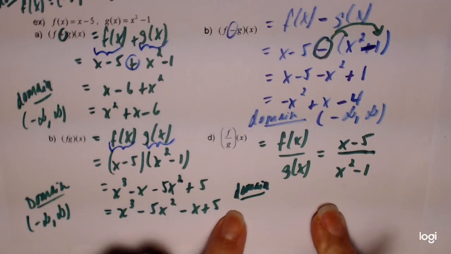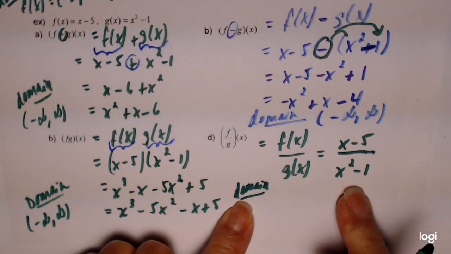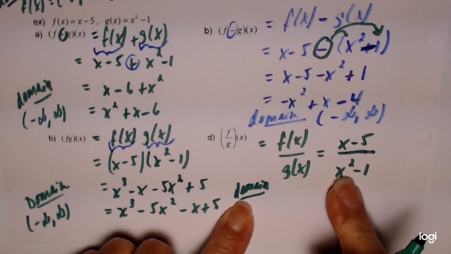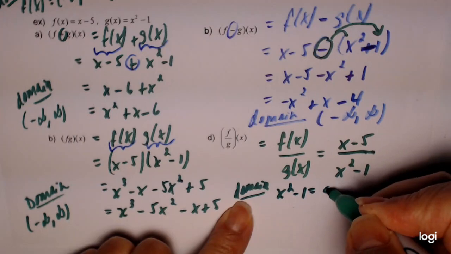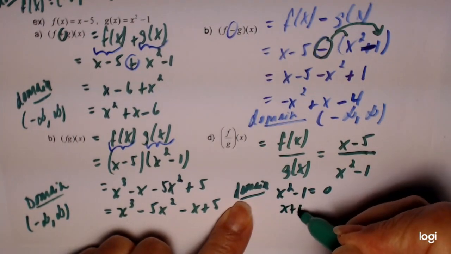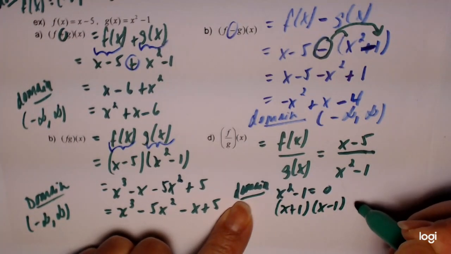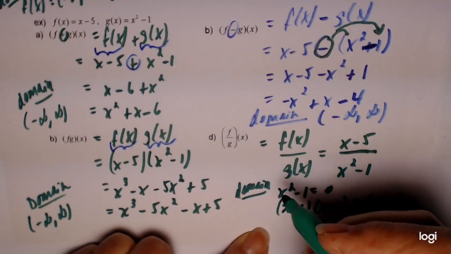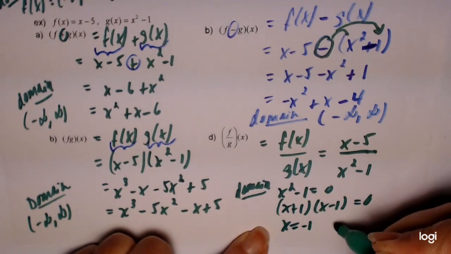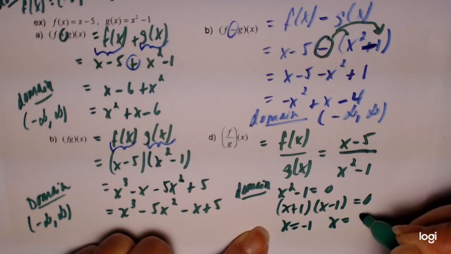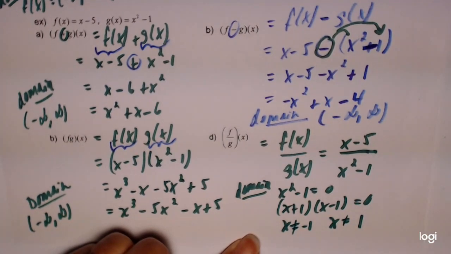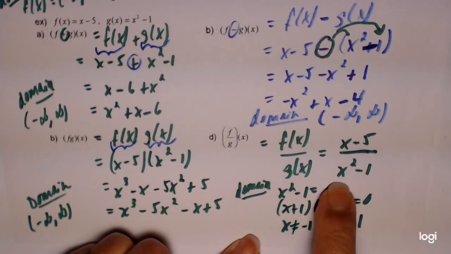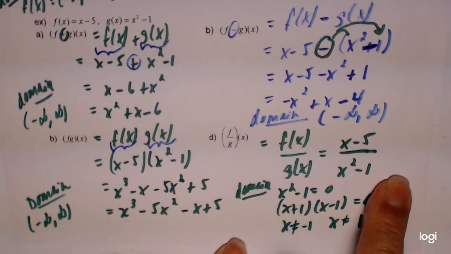Are there values that will have to be excluded because they would make this denominator equal to 0? So let's take x squared minus 1 equals 0. Again, I'm going to factor: x plus 1, x minus 1. This gives me x is negative 1. This gives me x is positive 1. No, x can't be those because they're going to make the denominator 0. If we do this quickly, put in 1: 1 squared is 1, 1 minus 1 is 0.